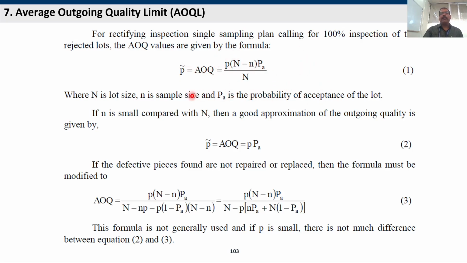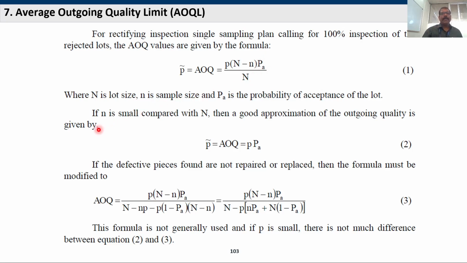So this is the relationship for average outgoing quality level, where you have to consider the incoming quality small p, capital N the lot size, small n the sample size, and PA, the probability of acceptance of the lot. So with this we can get the average outgoing limit directly.